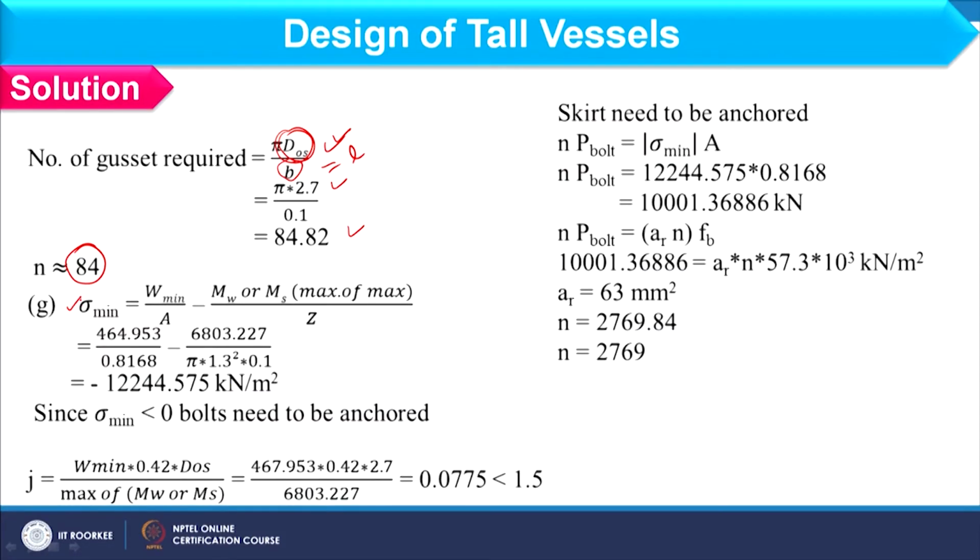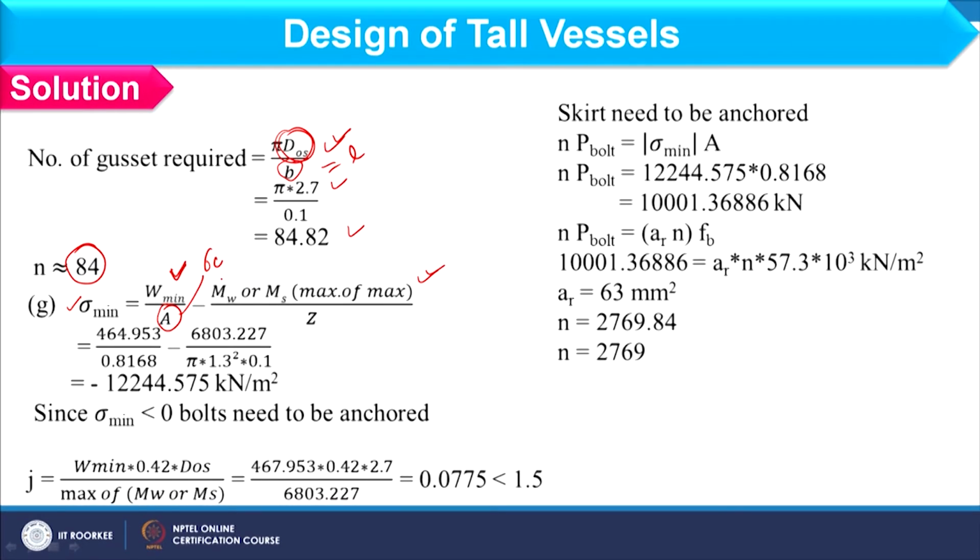So, next part is we have to find out whether anchor bolts are required or not. So, in this case we consider sigma minimum, and that should be given by this expression. You see, here I am having W minimum which we have calculated in previous slides, and this A is basically given in the expression of sigma C in the last slide, so that you can refer.